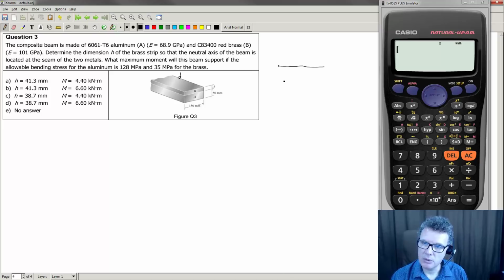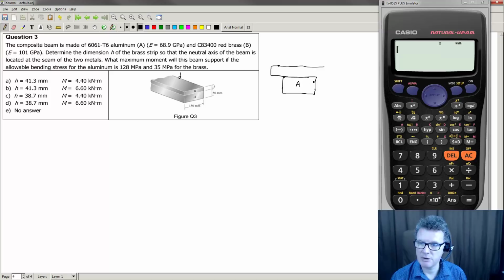So we will say that we've got our section A, which stays the same. And our section B, what I'm going to do is replace that with aluminium, which has a lower Young's modulus. In order for this section B to get the same stiffness as the brass section, I'm going to have to extend it out.